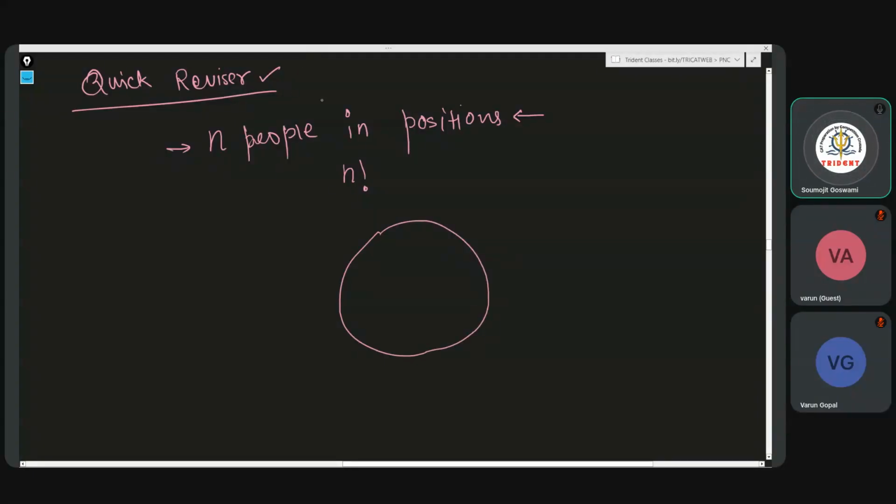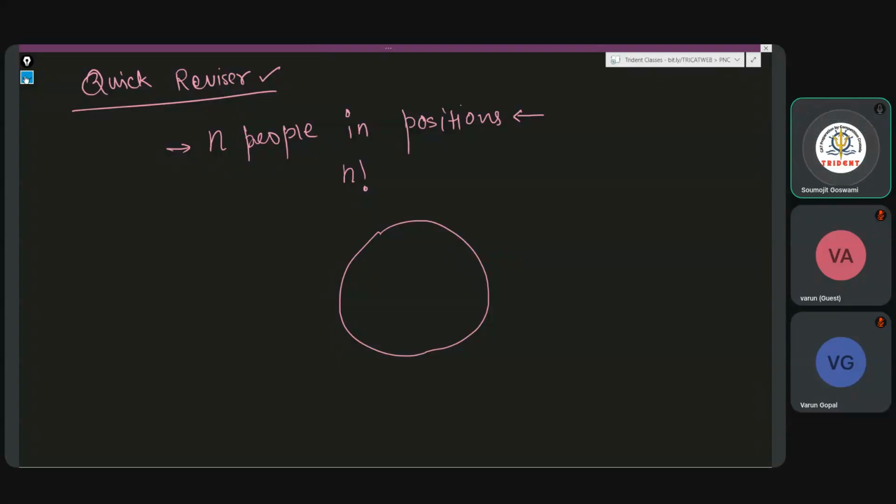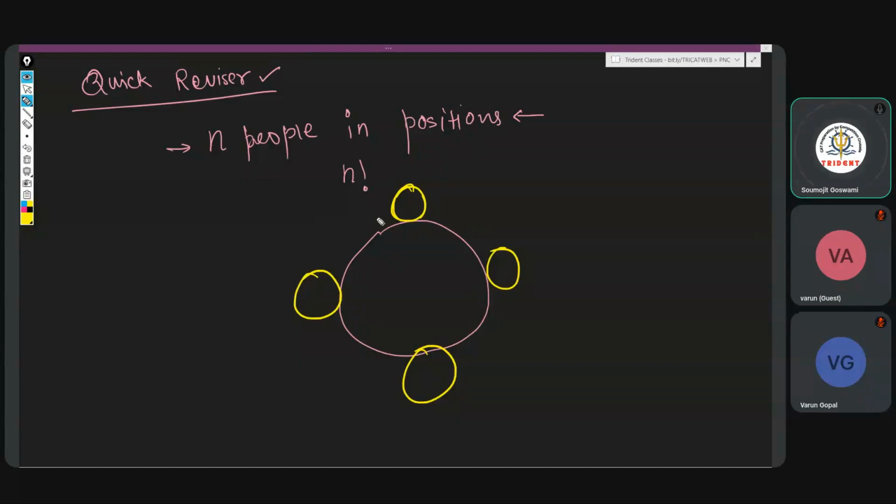the problem that generally we have, I think this is going to be far quicker. If I have n people, n factorial, this is linear permutations, no problem in that.